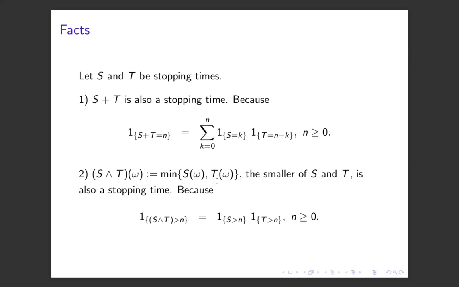Whenever you consider the minimum, it is always advisable to take the event S minimum T greater than N, because then that will be the product of these two indicator functions. Please note it down.